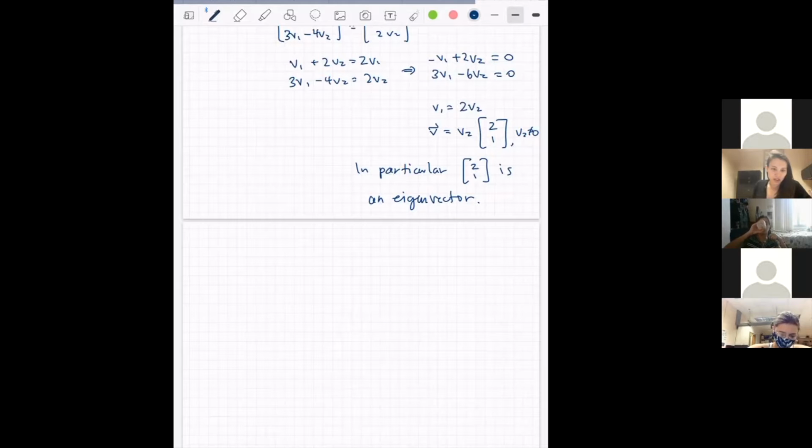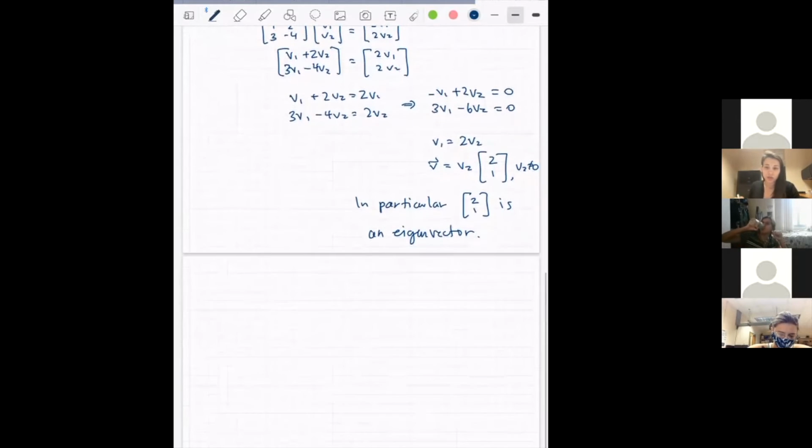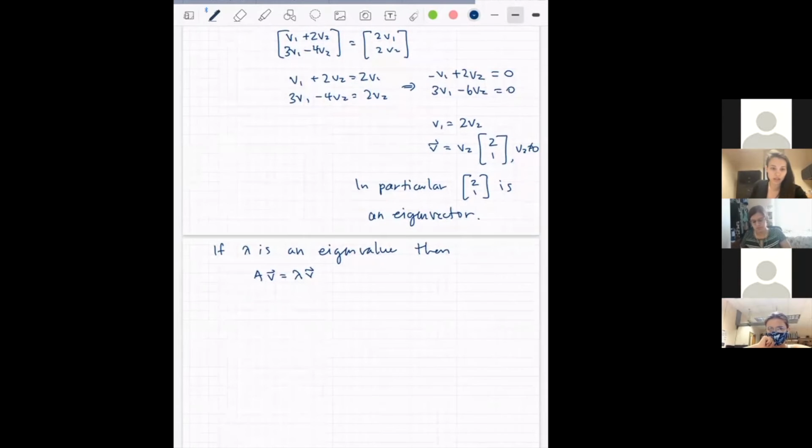Let's see. So there's a little bit more efficient way to solve this. If lambda is an eigenvalue, then we know that means that A times V equals lambda times V, right?